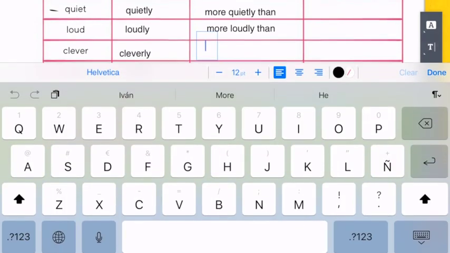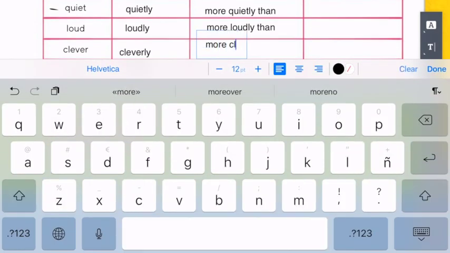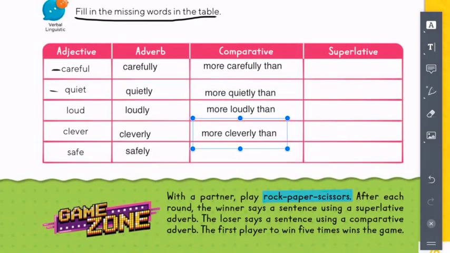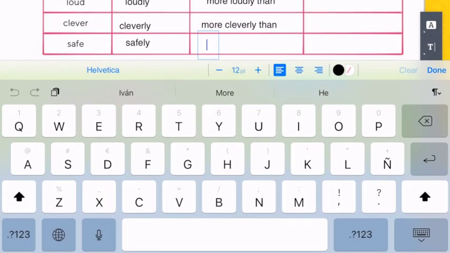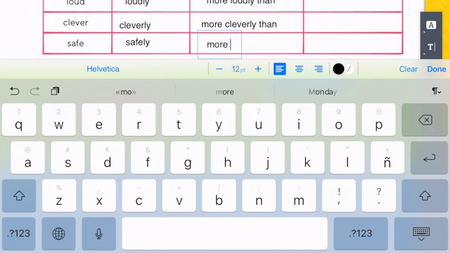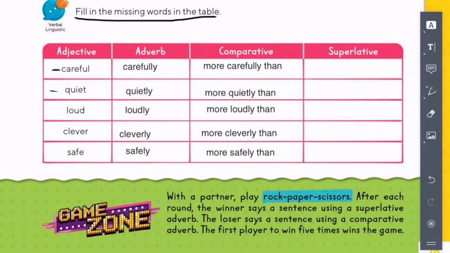Cleverly. Comparative. More cleverly than. Safely. Comparative. More safely than. Excellent. Super easy. Now superlative.